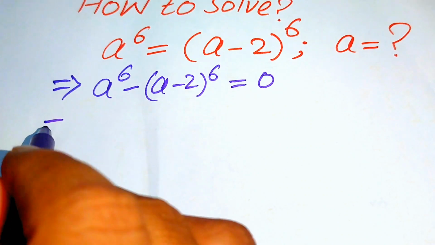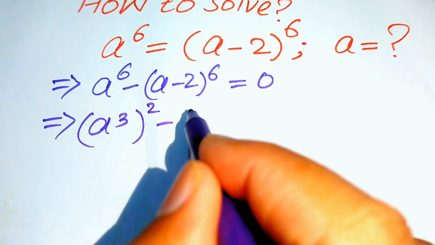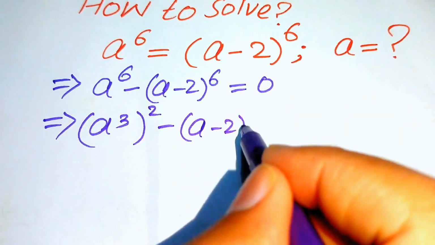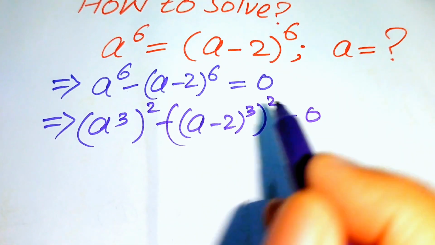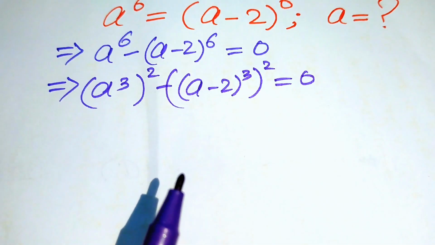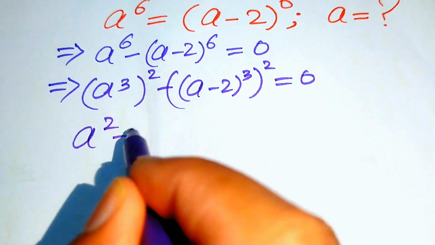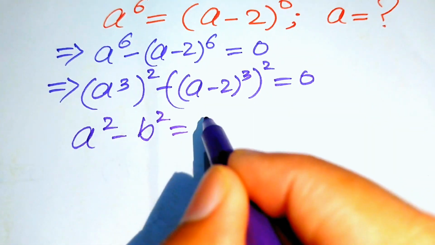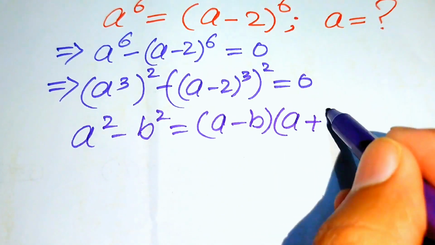Now we rewrite this equation as (a cubed) whole squared minus ((a minus 2) cubed) whole squared equals 0. So here we need the nice square identity, and you know about this identity: if we have a squared minus b squared, it equals (a minus b) times (a plus b).